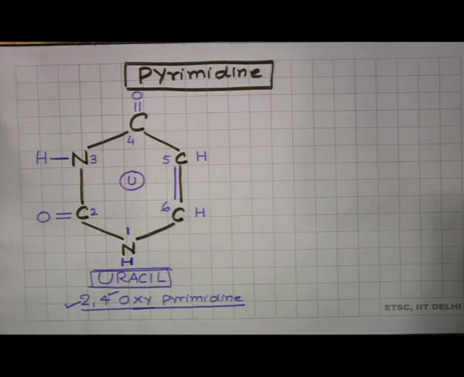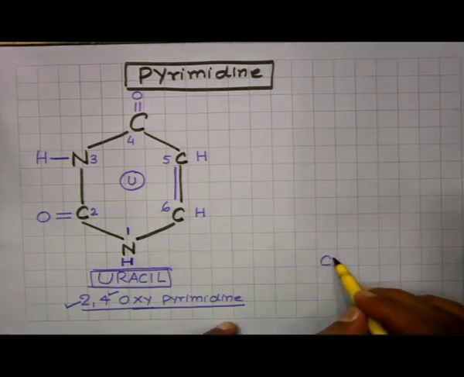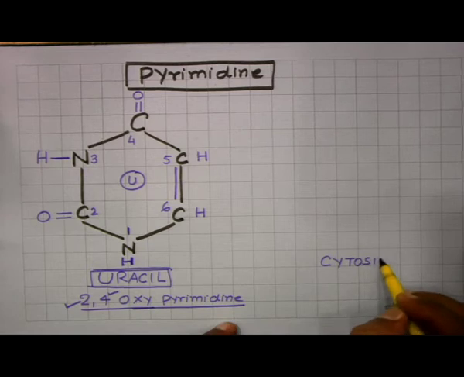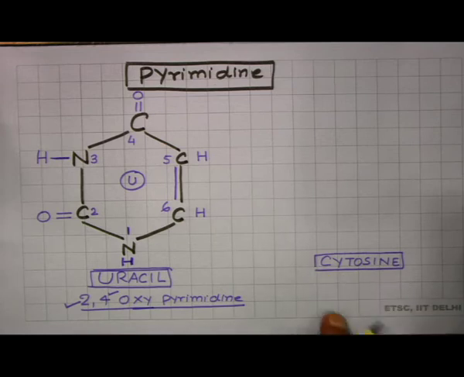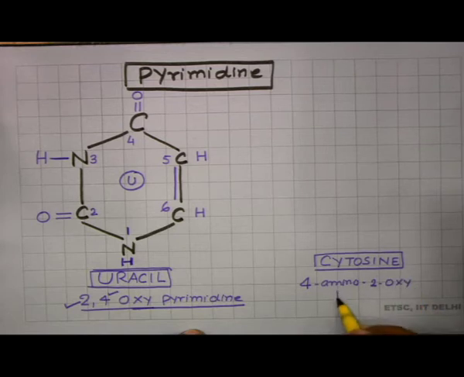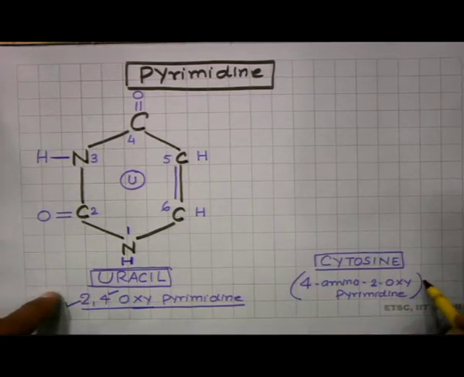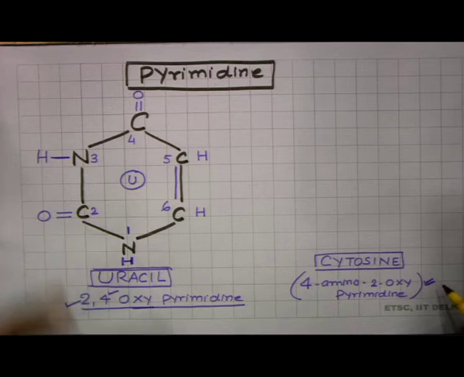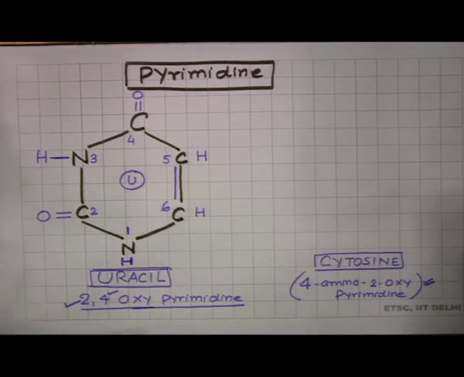Now, same you can write the structure of cytosine here. Cytosine, first of all, the chemical name of cytosine is 4-amino-2-oxy pyrimidine. By knowing this chemical name of cytosine and the skeleton of pyrimidine, you can easily write the structure of cytosine.